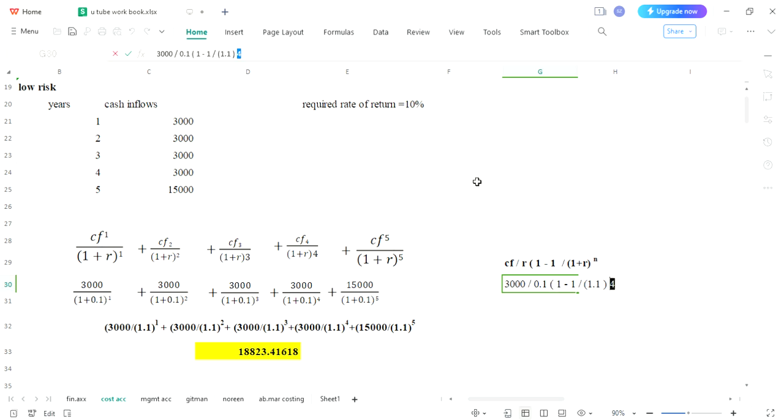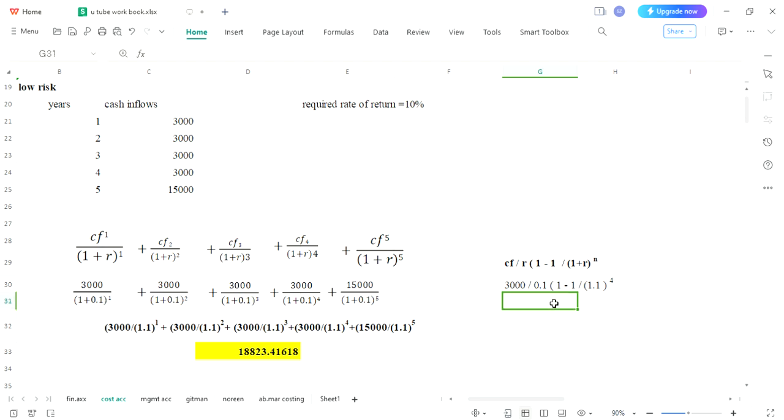Let's make it as raised to power, so we will raise it a little up, and this is the way you will be able to calculate the value of asset after 4 years. Please keep it in mind. 1 2 3 4 different formulas you have put, and different values you have put. Instead of that, when cash flows are same, you can put a single formula to calculate the value.